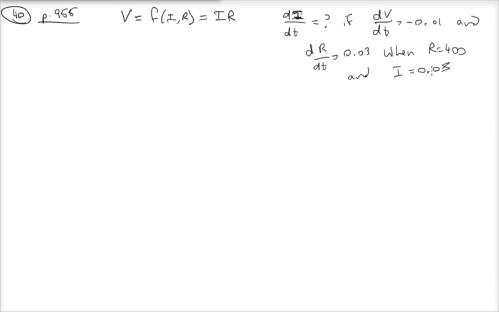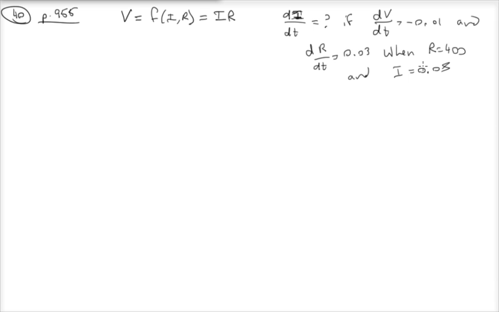First off, we can rearrange the equation V equals IR however we want. We could make I a function of R and V, we could make R a function of V and I, or we could make V a function of I and R. However, we're told to make V a function of I and R because we are given values of both R and I, so those are our two intermediate variables.